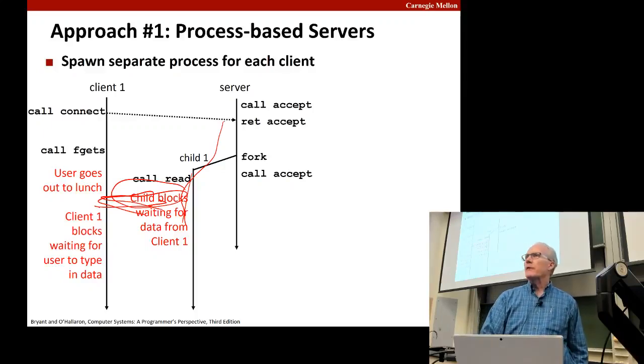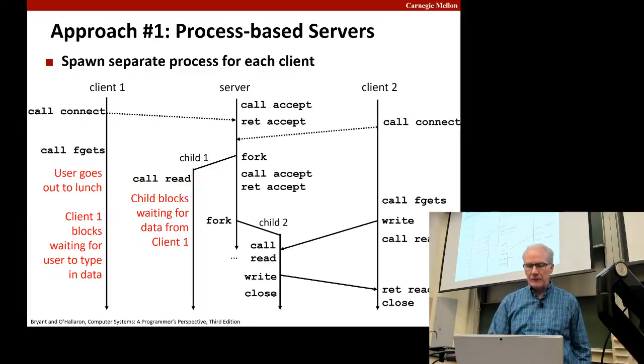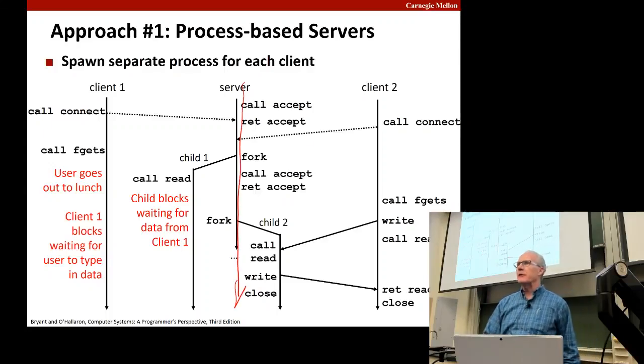And meanwhile, the server will be able to continue looping around and accepting new connections. And so if a second client comes in, again, it will fork a second child to manage that connection. So the main thread of control here of the server is only a loop to accept connections and to fork off essentially a handler that can deal with whatever that connection needs.